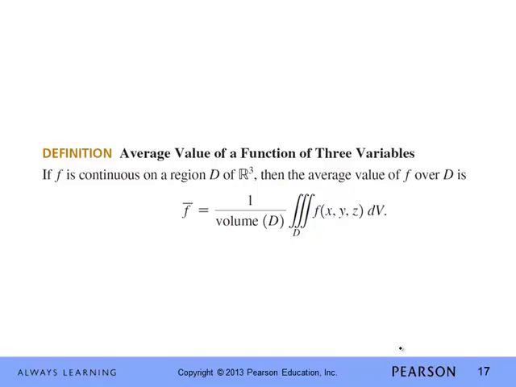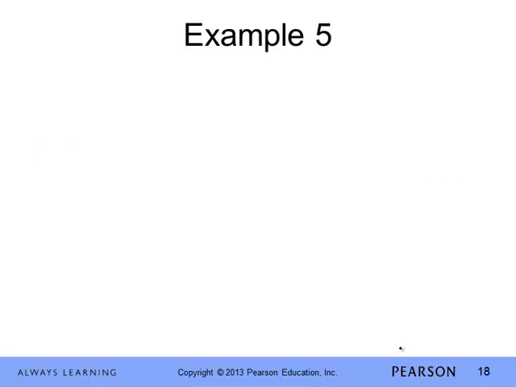As our final example, which we're just going to fly by, this is example 5. Suppose that we've got a block of conducting material occupying the region D equal to 0 to 2, 0 to 2, 0 to 1 for x, y, and z respectively.